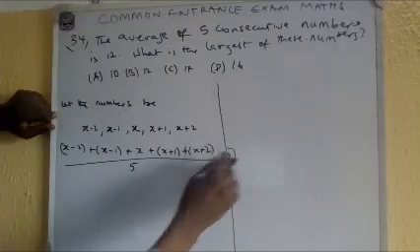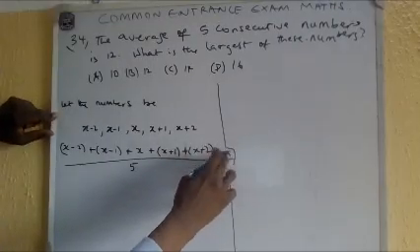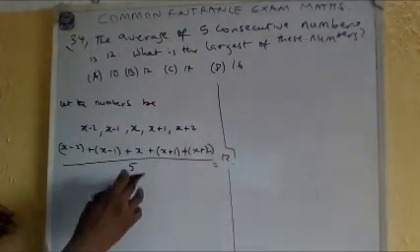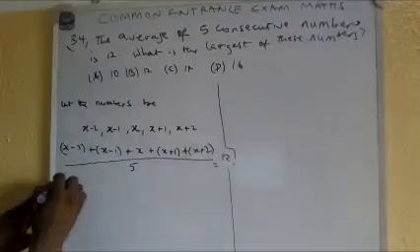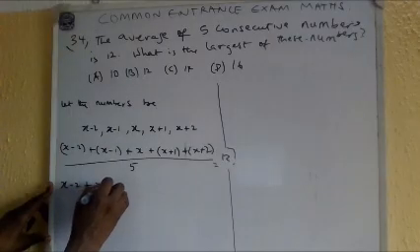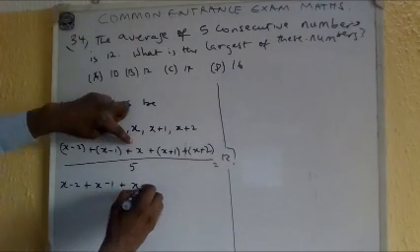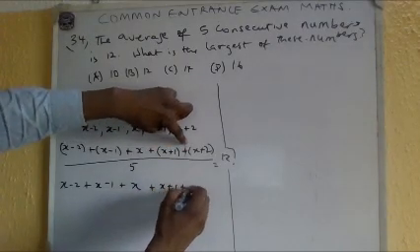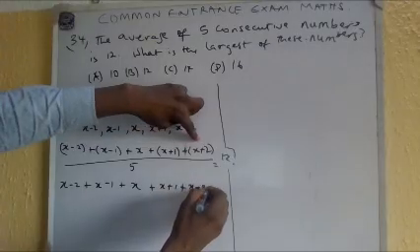This is the average. Now, at this point, I can multiply both sides by 5 so that I have x minus 2 plus x minus 1 plus x plus 1 plus x plus 2 equals 12 times 5.